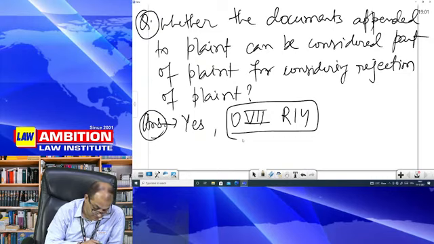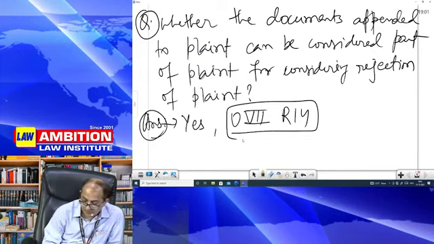Document is a very important ingredient in consideration of plaint.